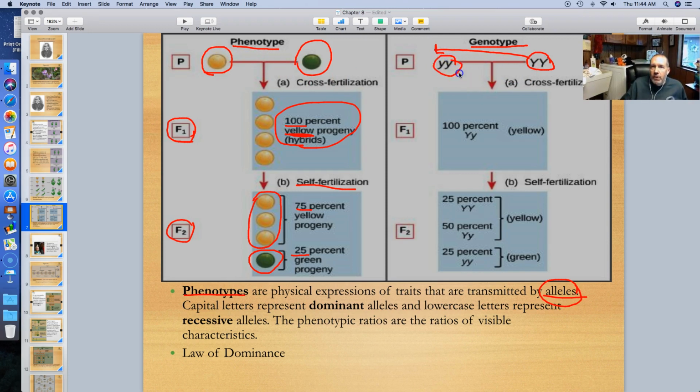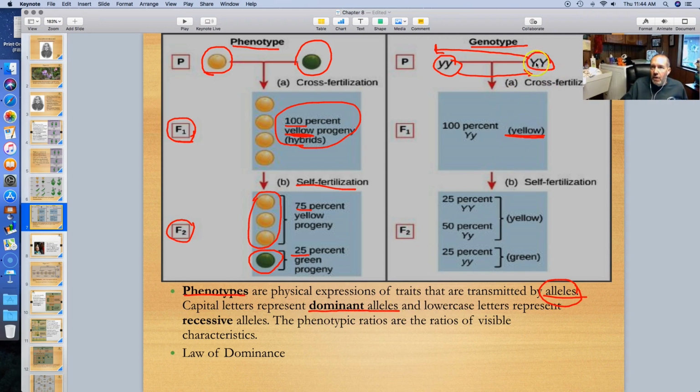So when we're talking about dominant alleles, which we know in this case is whichever one makes yellow, because again, that's 100% of our offspring are yellow in this first test cross. So we actually can do a test cross of two characteristics, and whatever the offspring are that show up in the F1 generation are ultimately going to tell us that those are the dominant alleles or the dominant characteristics.